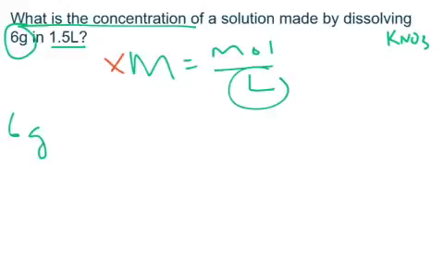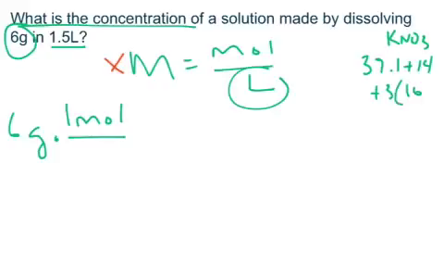So we have to do 6 grams. We know we want to know what 1 mole weighs. So in order to get rid of grams, you have to divide by grams. So we need to add this up. 39.1 plus 14 plus 3 times 16. And it's 101.1. So 6 divided by 101.1 is 0.06 moles.